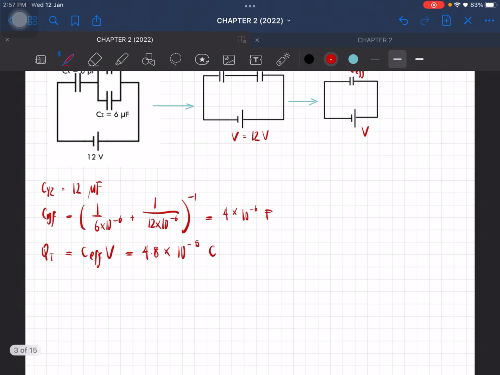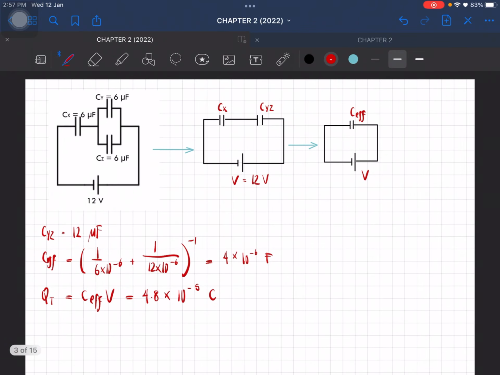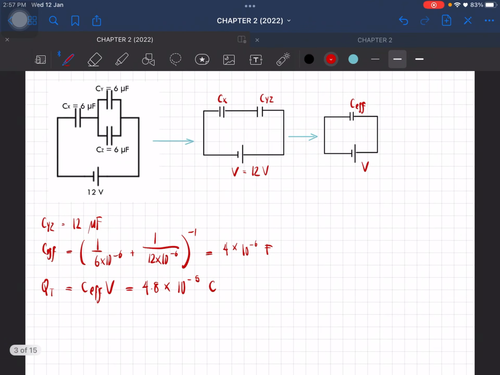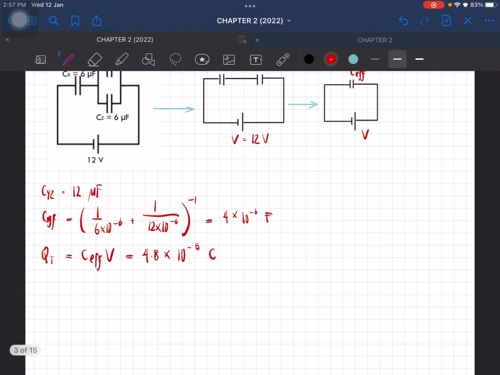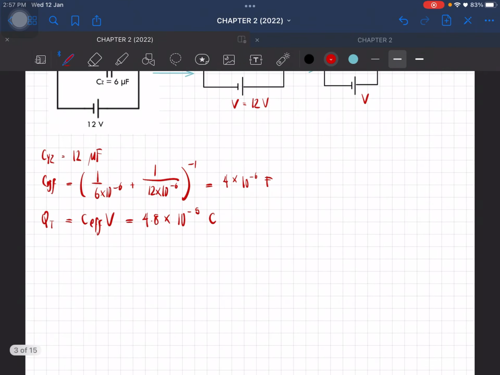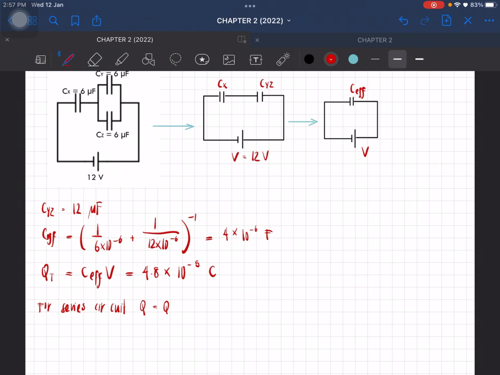Alright, so for total charge, for a series circuit, the charge will be equal. I'm gonna write this in terms of QX equal to QYZ.